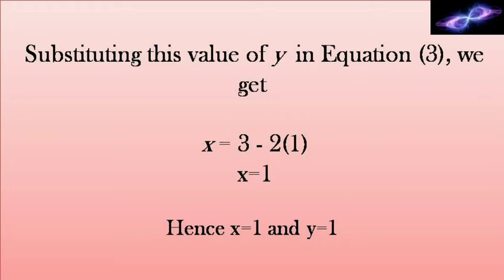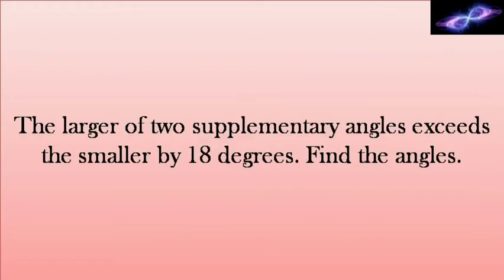Let's pick up one verbal problem to understand the application of the substitution method. The question says, the larger of two supplementary angles exceeds the smaller by 18 degrees. Find the angles.